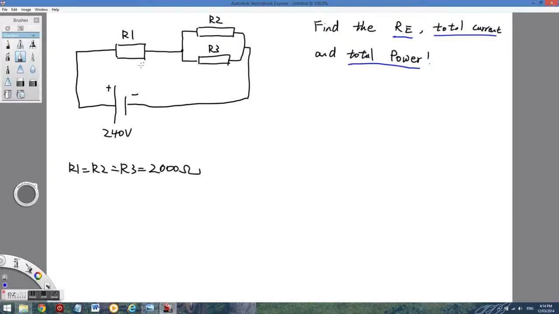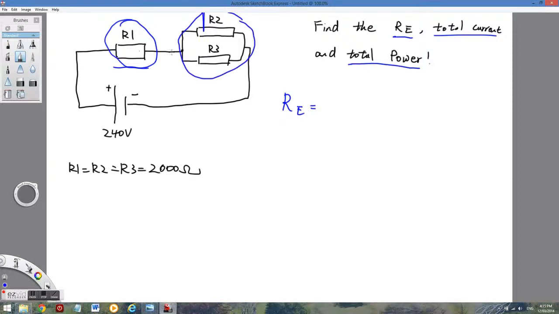In this case, I have resistor 1, and resistors 2 and 3 are in parallel. Treat them separately. Treat resistor 1 as one big thing and treat resistors 2 and 3 as another big thing.